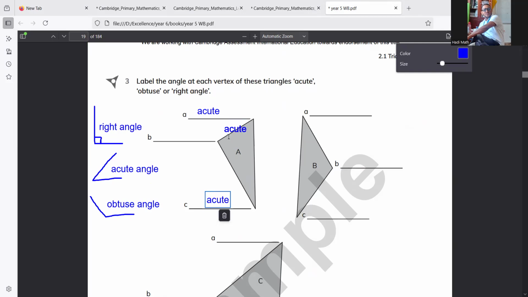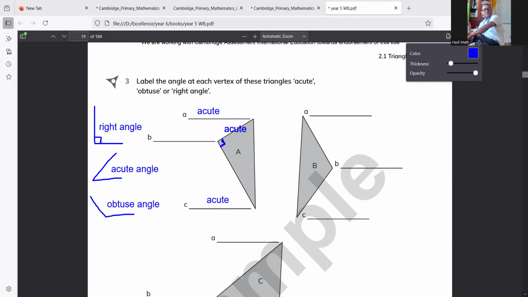Now take a look at this one carefully. If it looks like a right angle, try to make a square here. This will be a right angle.